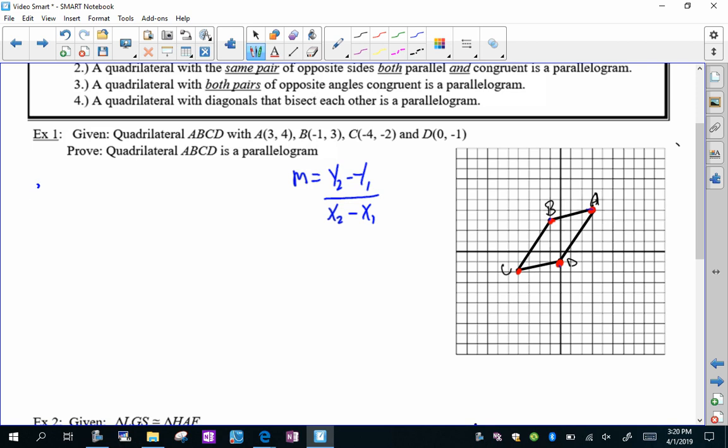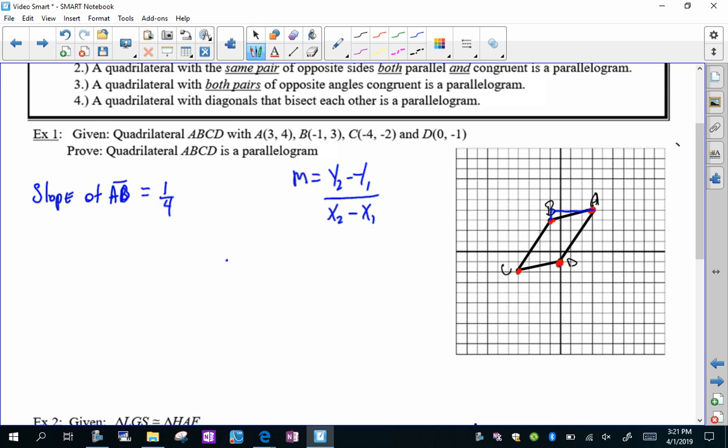So the first line segment that I'm going to look at is line segment AB. And I'm going to count. My rise is 1, and my run is 4. So my slope of AB is 1 over 4.